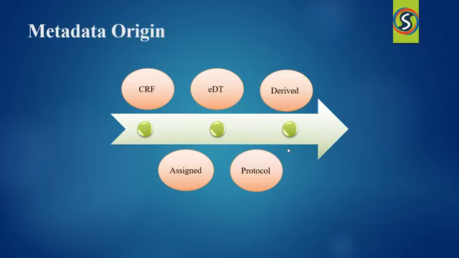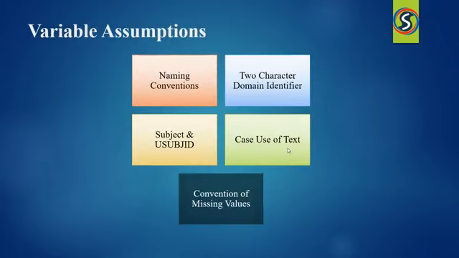Now coming to your general variable assumptions, you have variable naming conventions where SDTM variables are named according to a set of conventions using fragment names. It might be variables with names ending in CD, or short versions of associated variables that do not include the CD suffix.